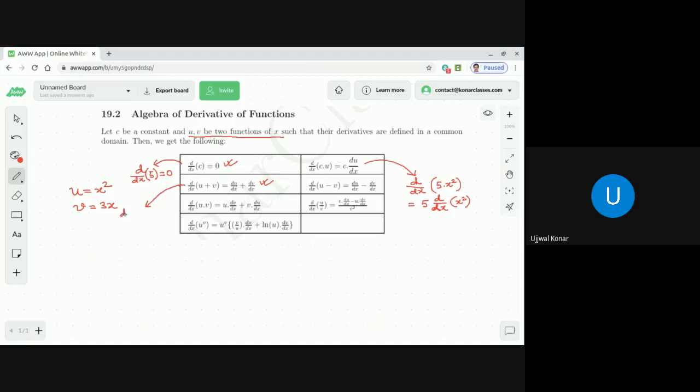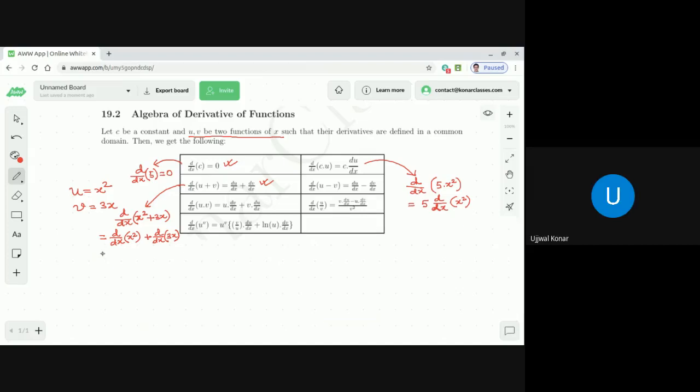I say d/dx of u plus v, what is u here? x square, and v is 3x. So that is equal to d/dx of x square plus d/dx of 3x.